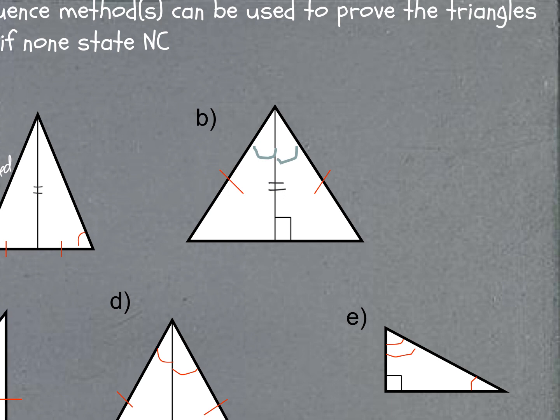Oh, but it doesn't have to because they're already showing me that these two angles are congruent. So I have my side right here, angle, and then because they're sharing this, it is congruent. So side, angle, side. So this one it's going to be yes.